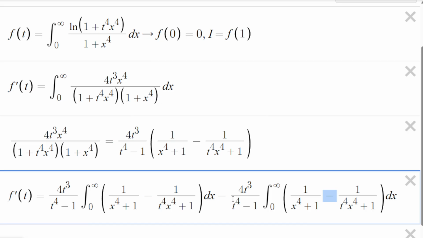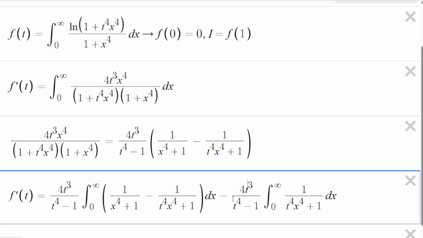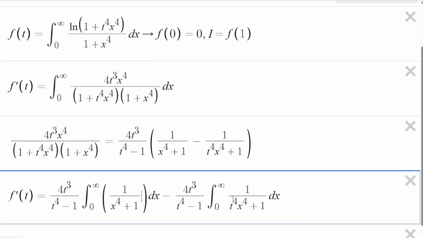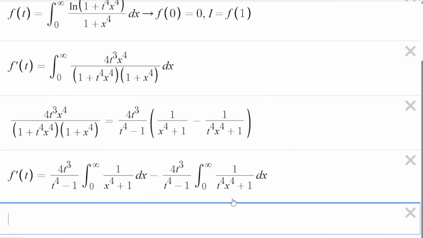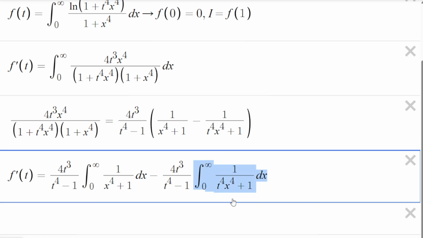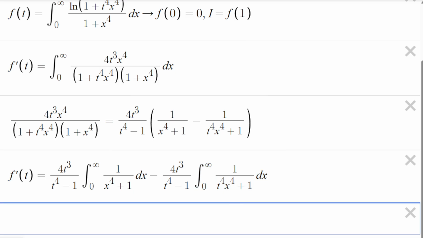This one will contain the second part, and this one will contain the first part. Now this is one that a lot of you probably recognize already, but I'm going to be using a formula to solve both of these integrals. The formula is this.